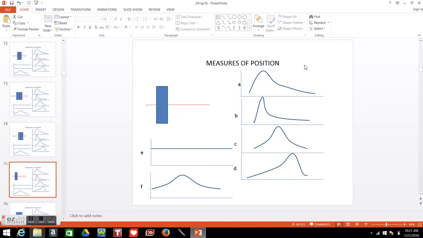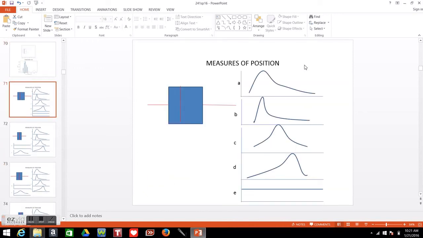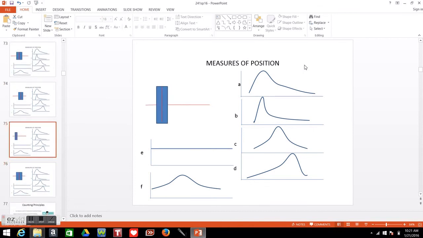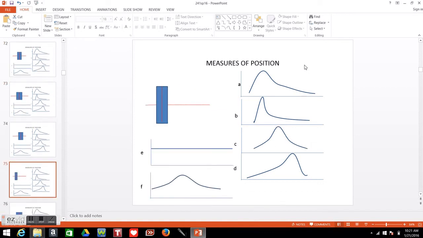Good, I know you all picked D. And what about this one? We had one, if you remember, that was here, and now we have this one. So those two are going to be A and B. This one is going to be A, and this one's going to be B. I hope you could see the difference. This one, 50% of the data is in this small interval, right?